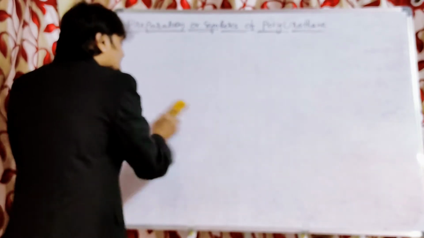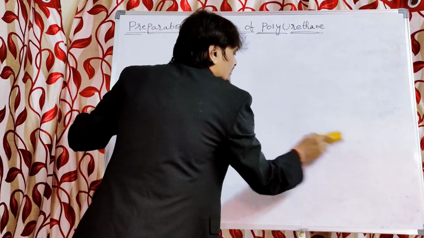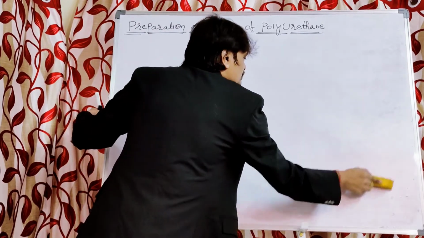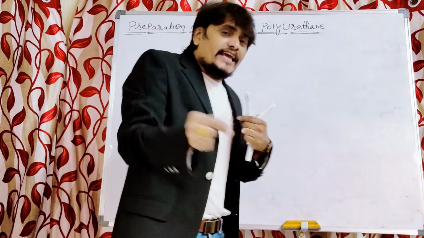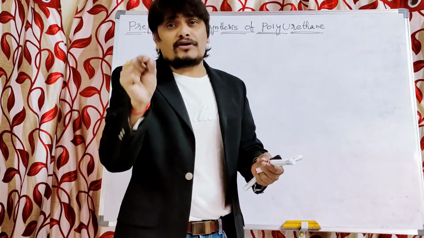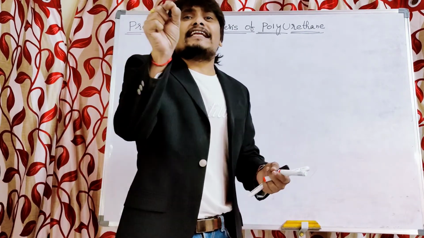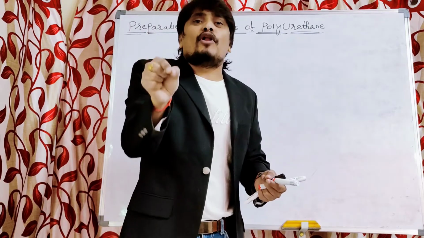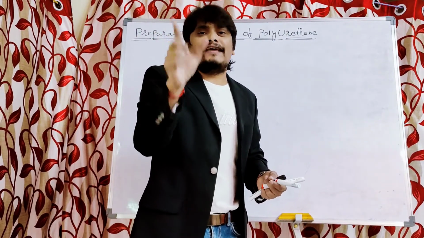CH3 is ethane. Now, what we need to do is, we have to elaborate the structure as CH2H. If the two hydrogens from two carbons of ethane are replaced by two hydroxyl groups, then that particular molecule is ethylene glycol, which is the second monomeric unit required for the preparation of polyurethane.